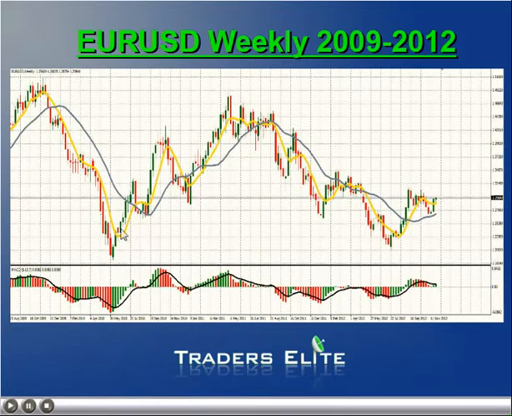We don't typically trade the weekly charts, but we use the weekly charts as a way of determining where the overall stronger trend lies, because at times obviously it can be a little unclear and therefore require that further analysis.